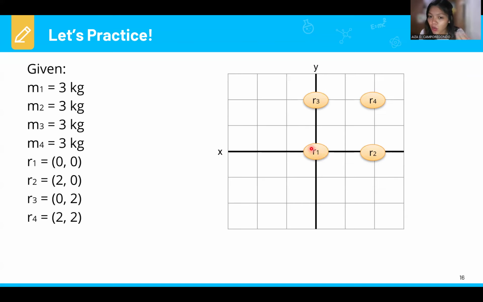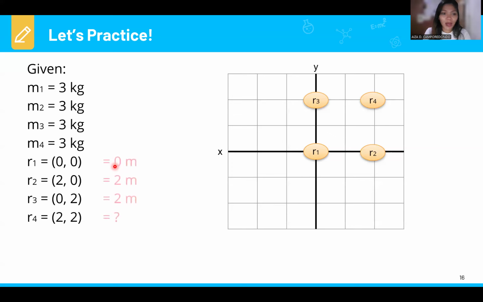Thus, particle 1, which is at the center of the graph and on the axis of rotation, we conclude that it is not moving. And also, the radius of particle 1 in relation to the axis of rotation is actually 0, since particle 1 is on the axis of rotation.